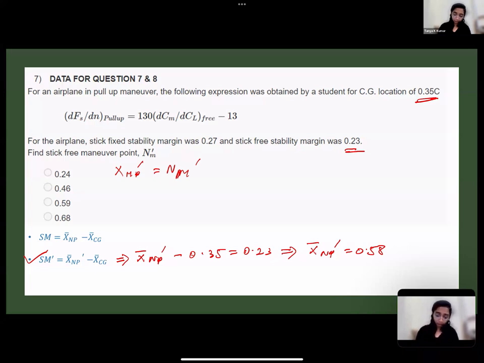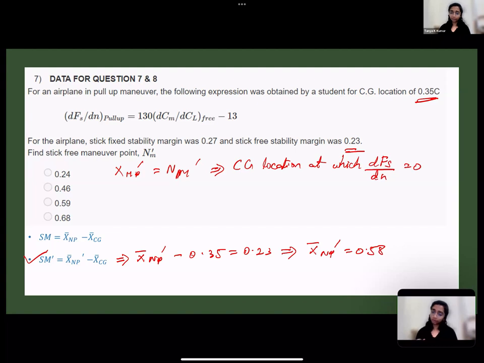So how do we find out this? It is the CG location at which dFs by dn equal to 0. Correct? You said this yourself, right? Yes. So dFs by dn, we have the equation. Set it to 0, find the CG location. So 130 into X bar CG minus X bar NP prime for the free case minus 13 equal to 0.